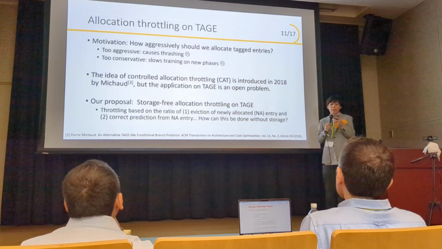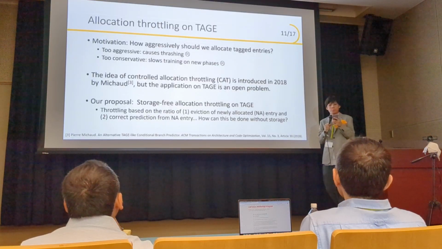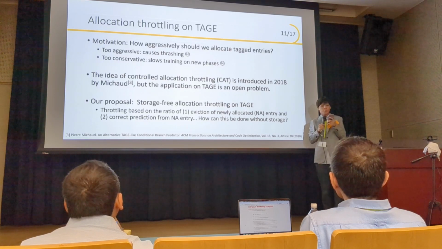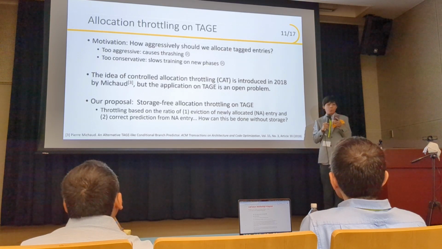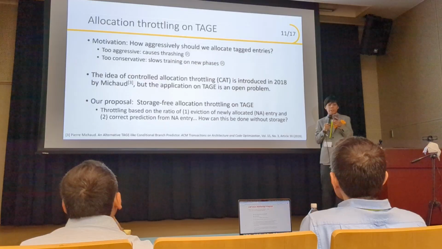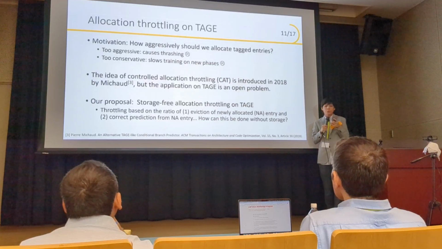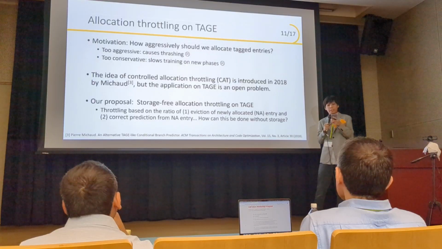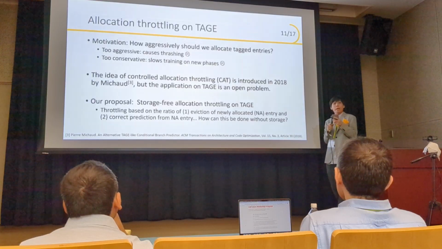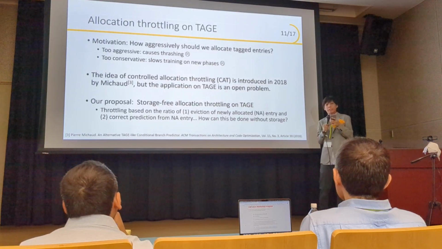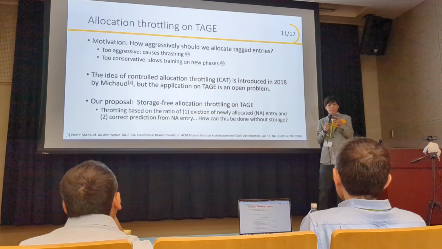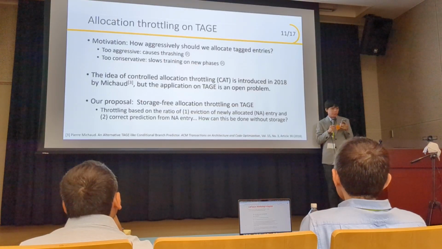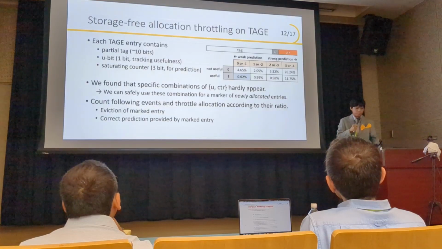The idea of allocation throttling was proposed, but its application to TAGE predictors remains open. We propose a storage-free allocation throttling. We throttle allocation by comparing how often newly allocated entries are ejected versus how often they predict correctly. The challenge is how to realize this without storage.